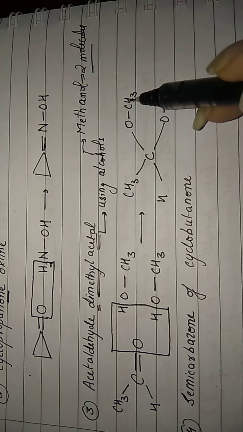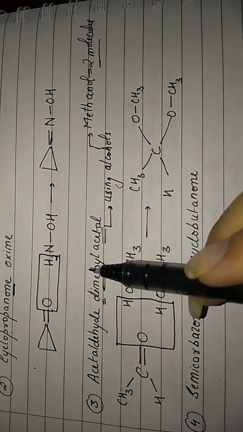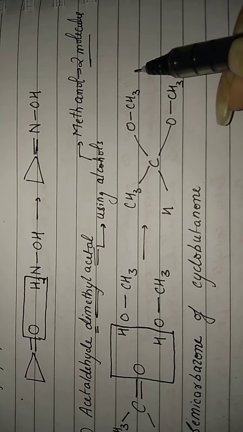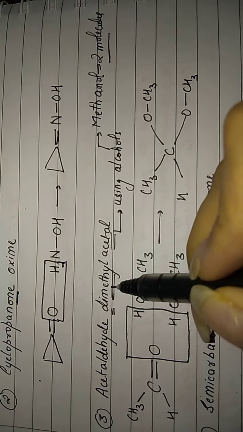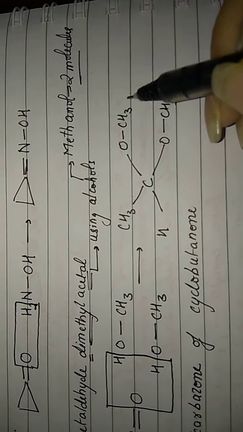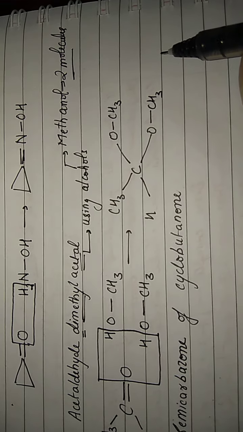This is OR, a methoxy group; R is any alkyl chain. Had this been a diethyl acetal, this would have been CH2CH3 over here, CH2CH3 over here. Had this been a propyl acetal, this would have been O, CH2CH2CH3 over here, and O, CH2CH2CH3 over here.